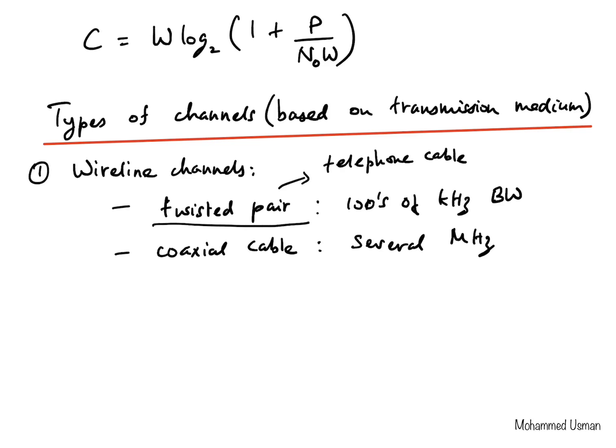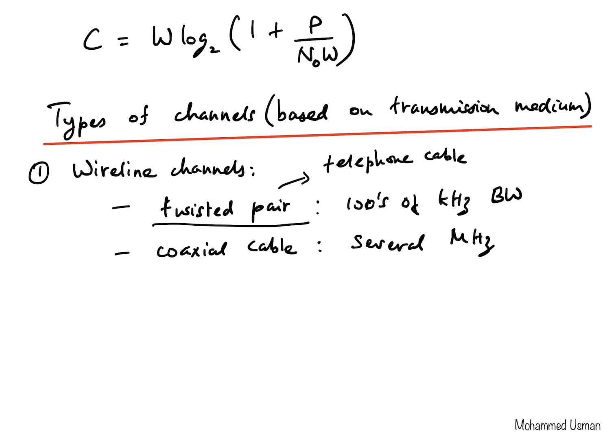Coaxial cable offers higher bandwidth as compared to a twisted pair. But twisted pair is typically used for voice-based telephone communication, and the bandwidth available on a twisted pair is quite sufficient for that application. But for multimedia content in real time, communication over a twisted pair will not be sufficient because it doesn't offer sufficient bandwidth.